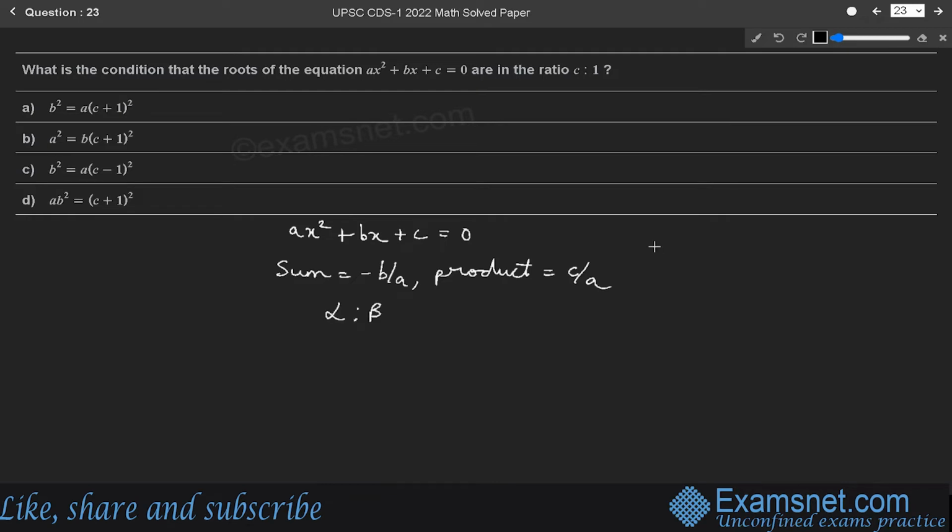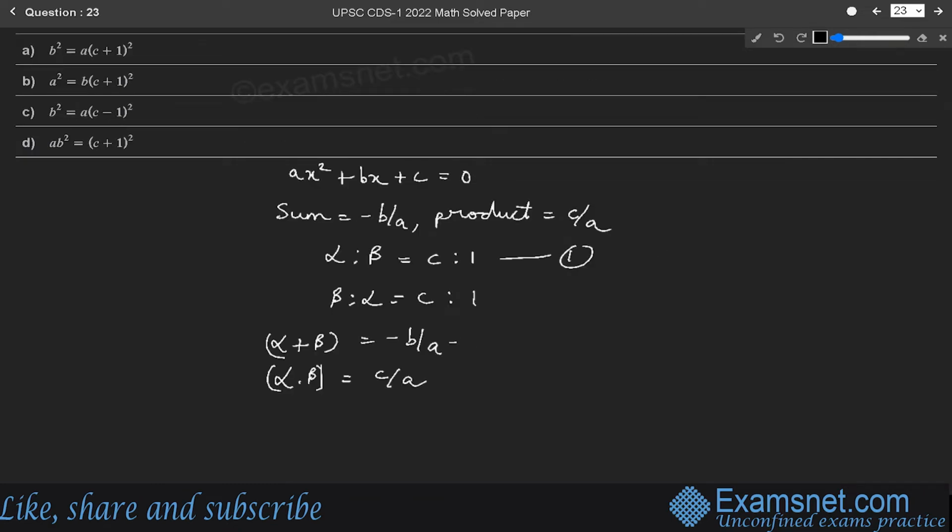So the ratio of roots will be c is to 1, or we can say beta ratio alpha is equal to c is to 1. Now let this be equation number 1. According to the question, the sum of roots will be equal to minus b upon a and the product of roots, alpha into beta, will be equal to c upon a.